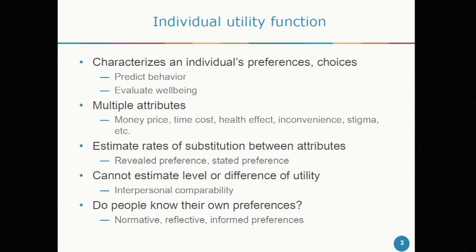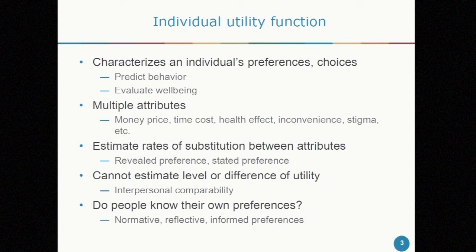They prefer things that make them better off, and also are predictive of their choices. They choose things that make them better off. I'll distinguish that from the problem of aggregating across people where we have a society. An individual utility function characterizes the individual's preferences and choices. That's useful to predict their behavior.